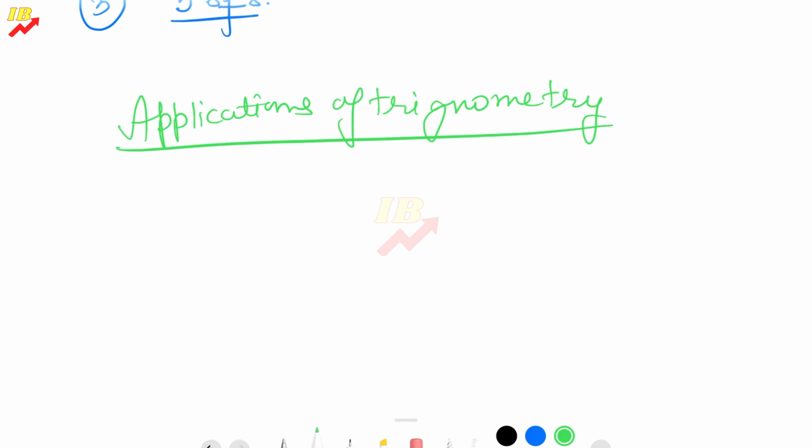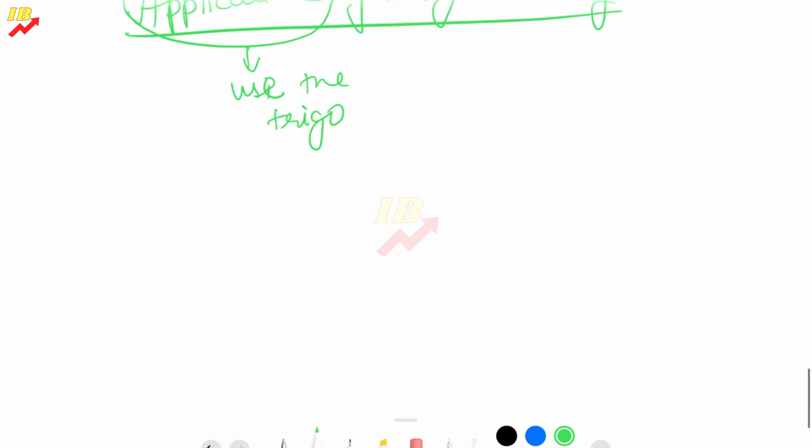So where do we use this trigonometry? First thing, I'm just giving you a quick review of it: we are using it in angle of elevation and depression.